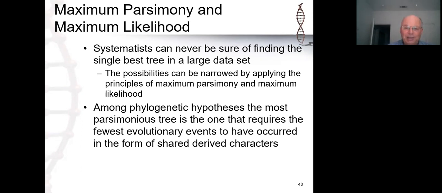Maximum likelihood says, and these kind of sound the same, but they're not, that when you're looking at the phylogenetic trees that are documenting genetic changes, the tree that involves the fewest number of changes to account for the relationships is the tree that most likely occurred or represents the changes that most likely occurred.